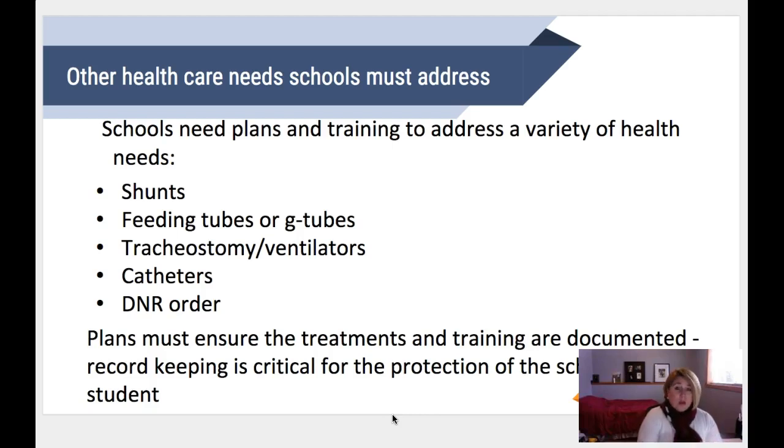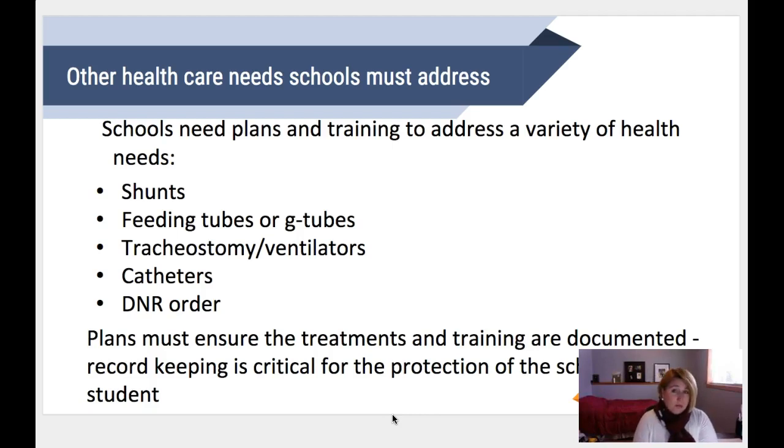Students with feeding tubes, not unusual. I had a student that was in our school district a number of years ago. He came and his only source of nutrition was through his feeding tube, or it's called a G-tube sometimes. It is one of the things that can be delegated and trained to non-healthcare providers. So your teachers and teachers' assistants may learn how to provide nutrition with a feeding tube.